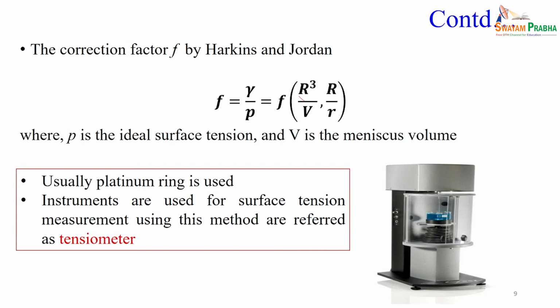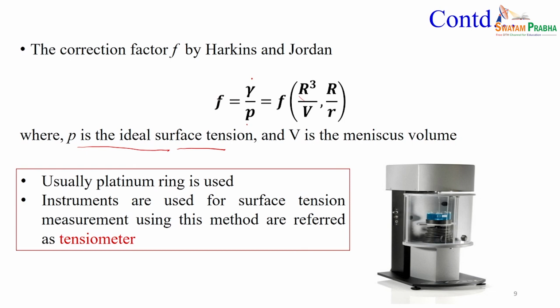So, we can say here the correction factor will be a function of two parameters, R cubed upon V and R upon r. Whatever surface tension we are getting, and P is the ideal surface tension, and whatever we are measuring differs because of the experimental error.